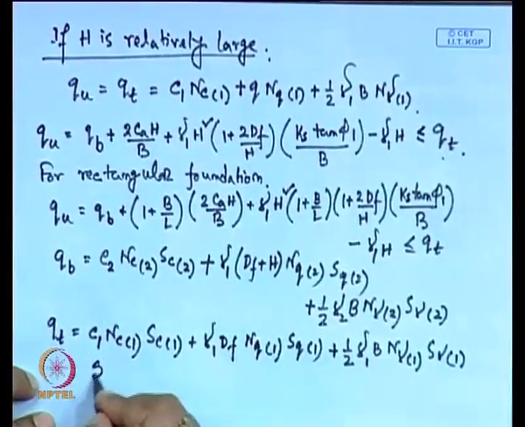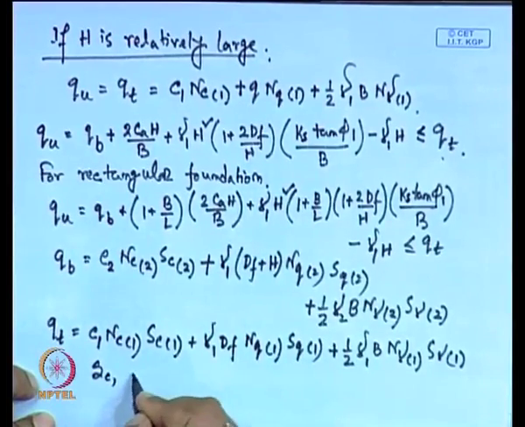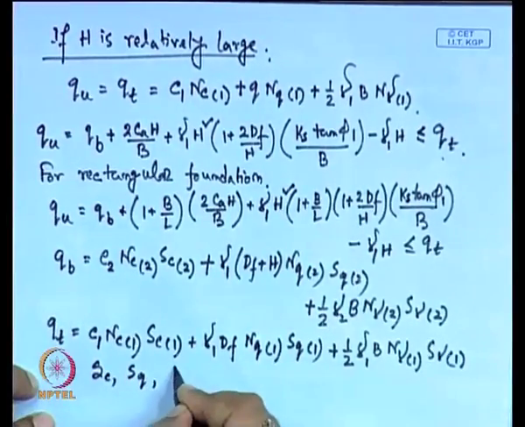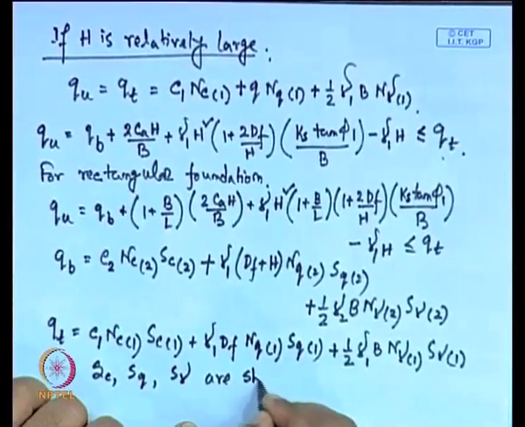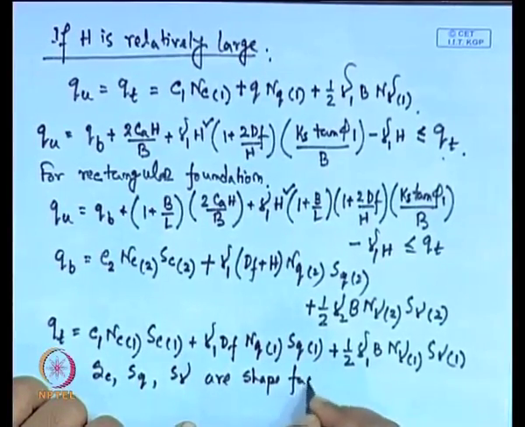So, here Sc 1 or 2, Sq 1 or 2, S gamma 1 or 2 are shape factors.